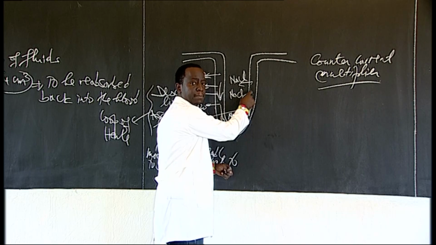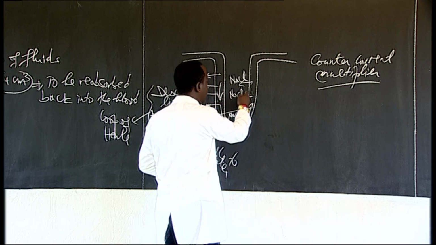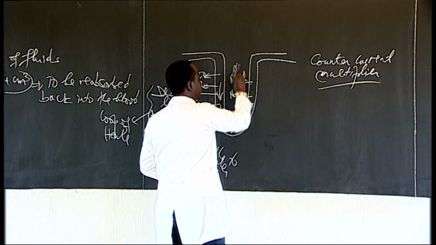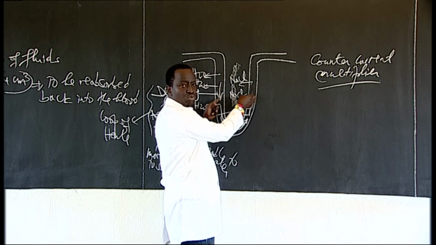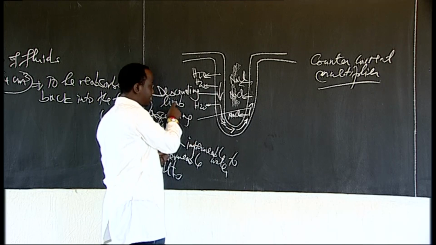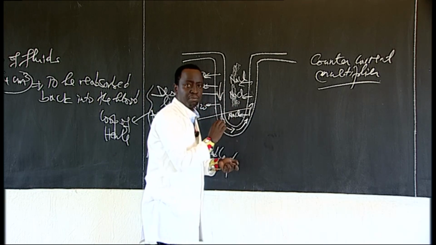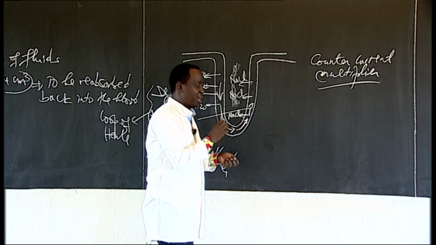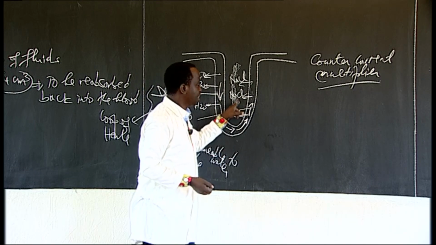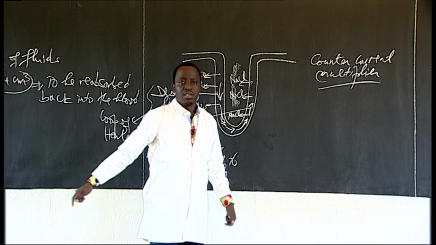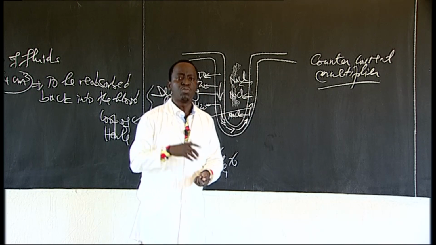Of this loop of Henle. When it is pumped out, here it is what you call interstitial fluid, that's found between the descending limb and the ascending limb. Are you getting this? When they are pumped into the interstitial fluid, is it going to be concentrated or less concentrated?